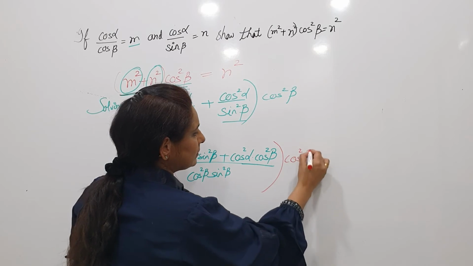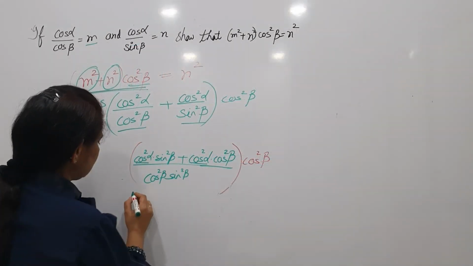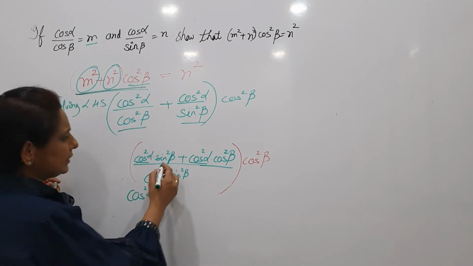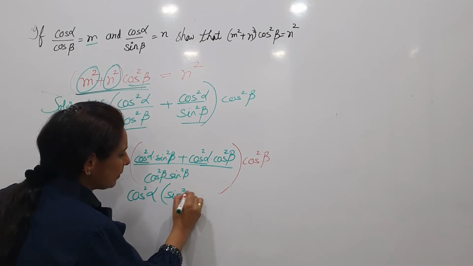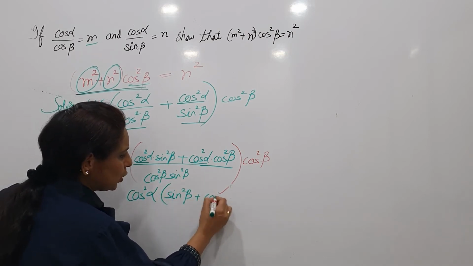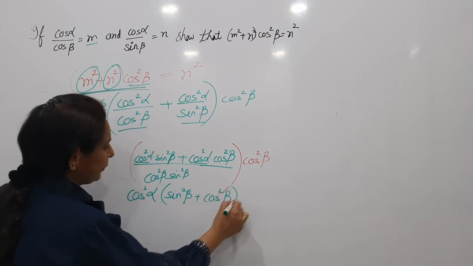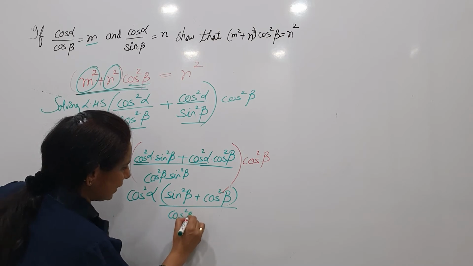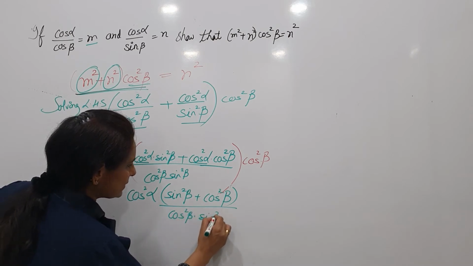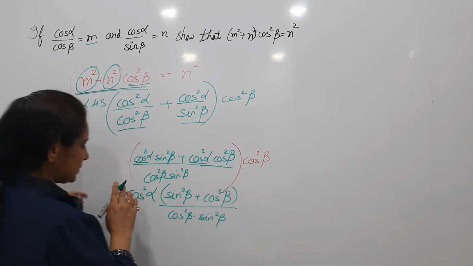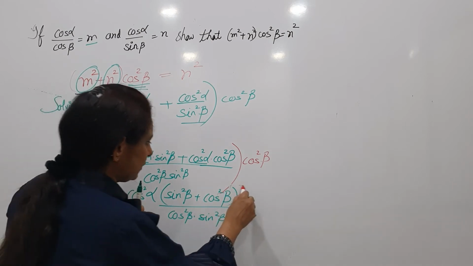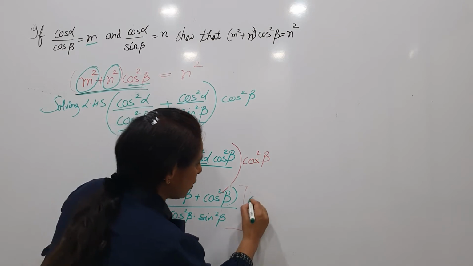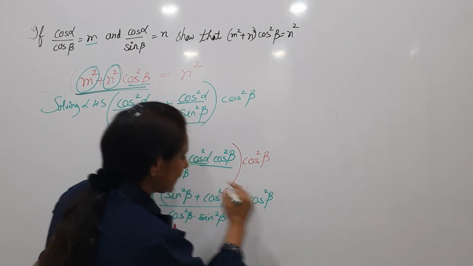Cos square beta. अब हम इसमें cos square alpha को कॉमन लेंगे बाहर तो हमारे पास अंदर क्या बचेगा? sin square beta plus cos square beta. और डिनोमिनेटर तो हमारा as it is रहेगा, cos square beta multiplied by sin square beta. और इस ब्रैकेट के बाहर जो था वो अभी भी बाहर है, that is cos square beta.